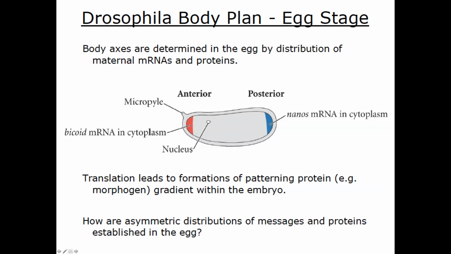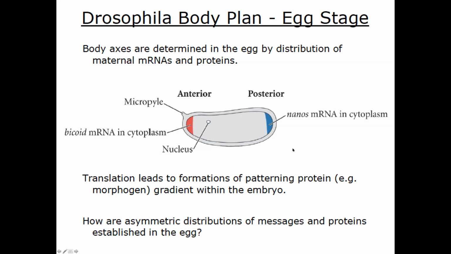Nanos mRNA, on the other hand, is present everywhere, but it doesn't transport on the microtubules. It is localized to the posterior end through the utilization of OSCA. OSCA protein is what gets transported through the microtubules.